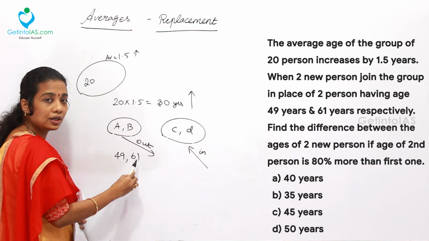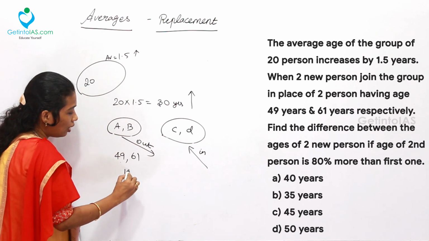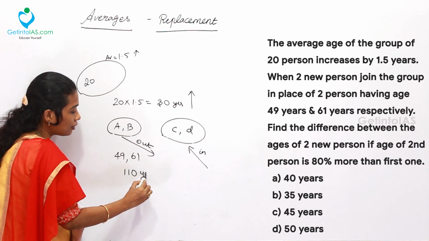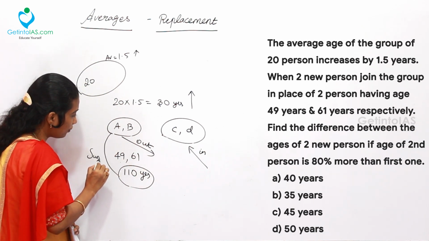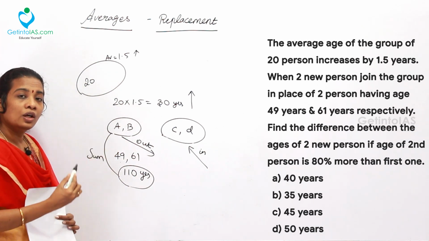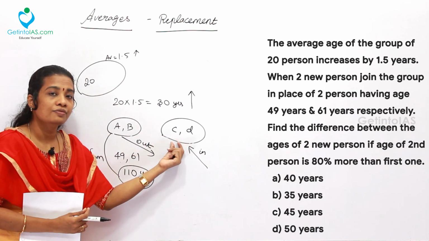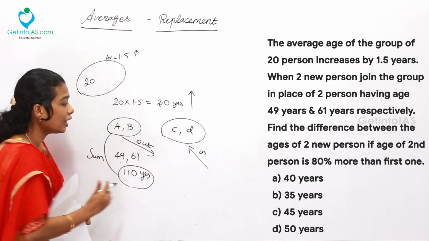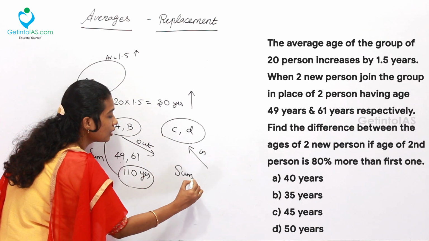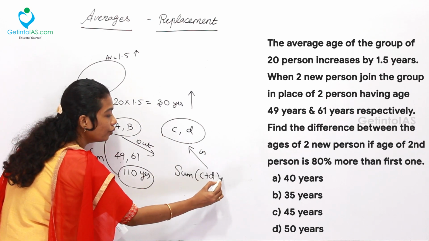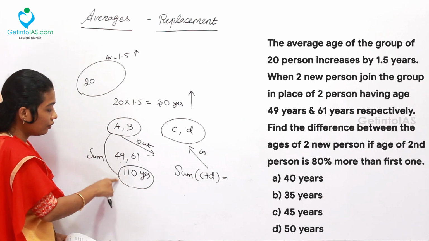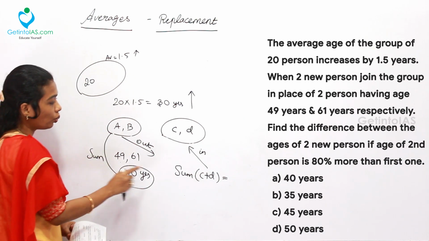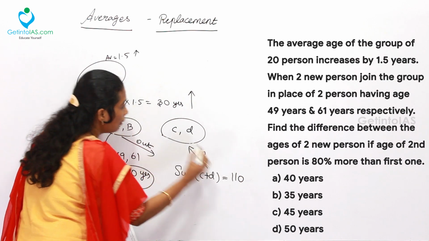So here 49 and 61, what is the summation? 110 years. This is the sum of the ages of A and B. Even if we don't know the exact ages of C and D, the sum of the ages of C and D will be 30 greater than the ages of A and B together. That is 110 plus 30.